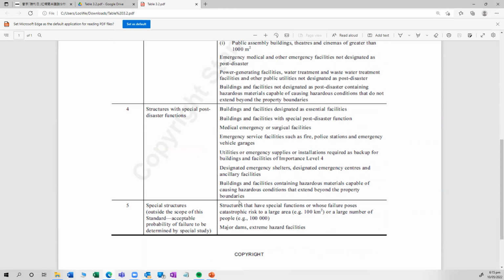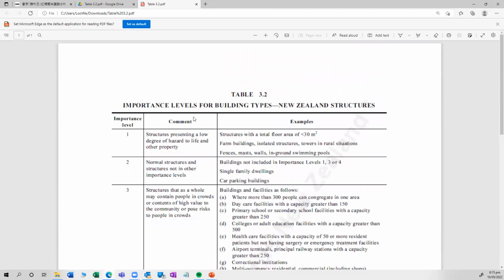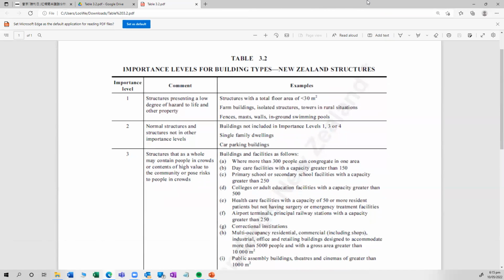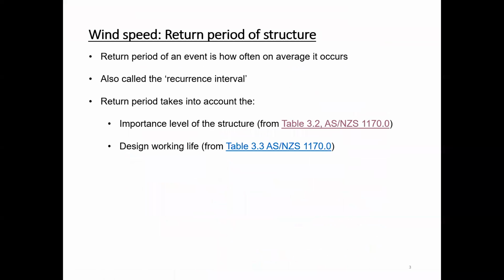It would be a catastrophe. So such dams, maybe major bridges, that sort of thing. So we've got 5 importance levels, and we use this as part of the method to determine what return period we want. Once we've got this importance level, we go to table 3.3.